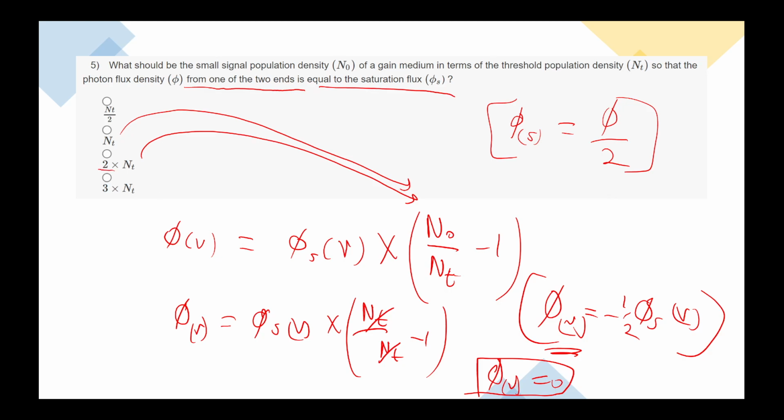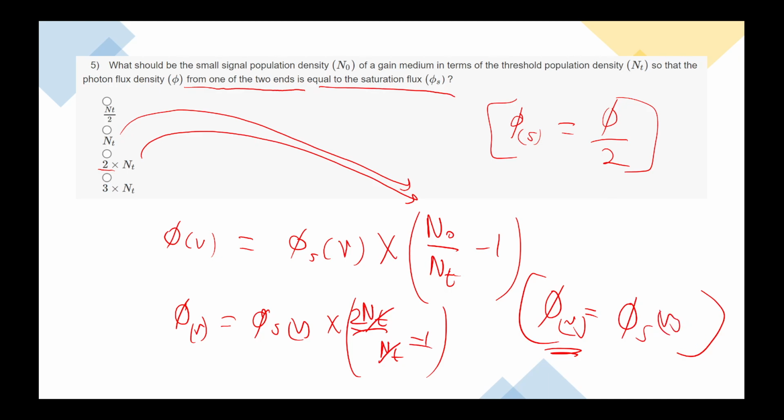We'll keep 2nt. Then 2 minus 1, so phi s we are getting.